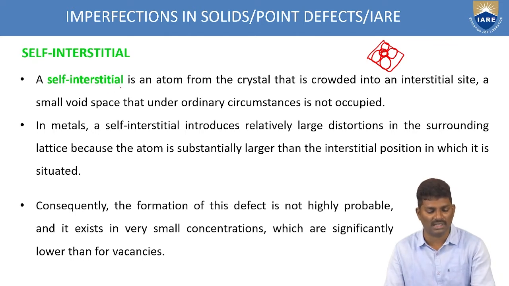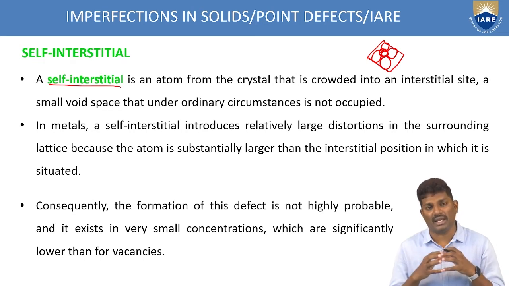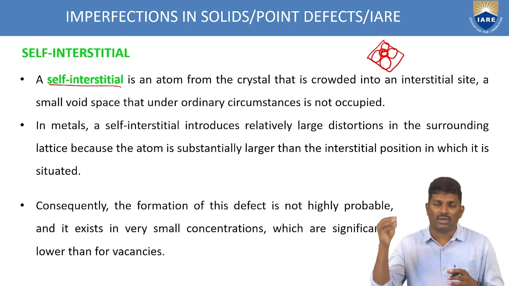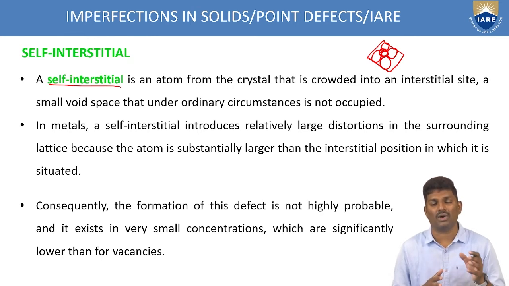It is an atom from the crystal itself that is crowded into an interstitial site, a small void space that under ordinary circumstances is not occupied. So because of that, there is some point defect in the complete structure.